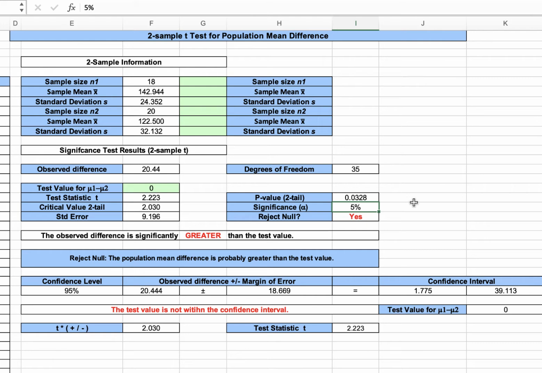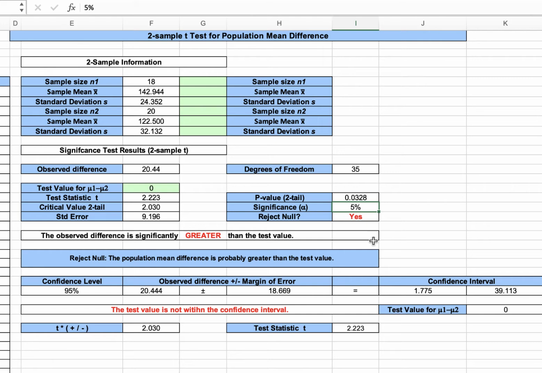Now, what would we conclude? Well, I'm going to conclude that the women on average have a higher score. Now the question is, how much higher? Remember, we could have a significant effect statistically, but it might be, in terms of effect size, a very small effect.